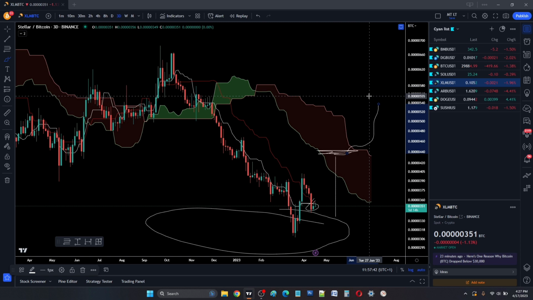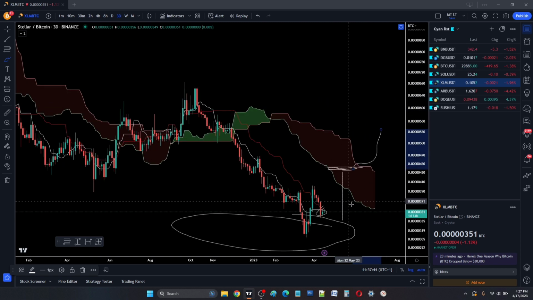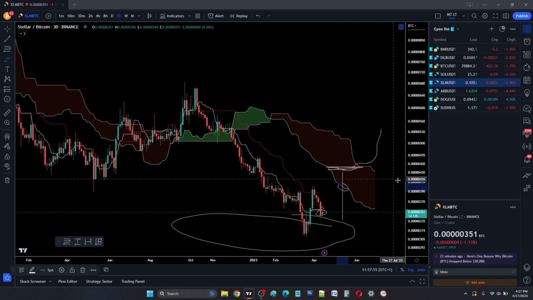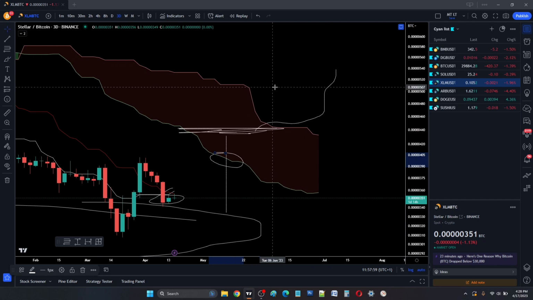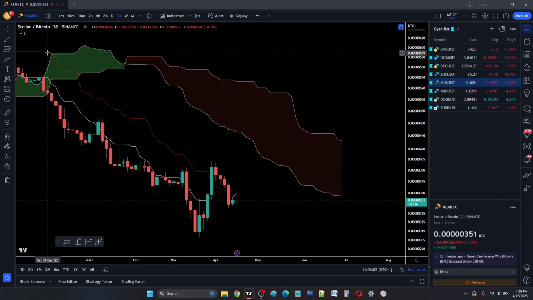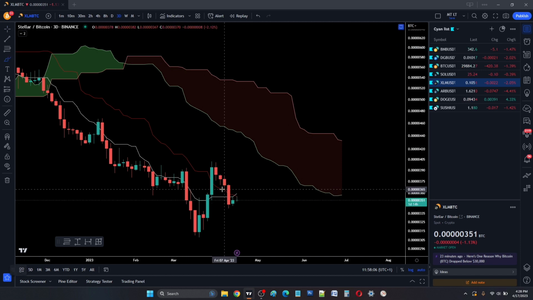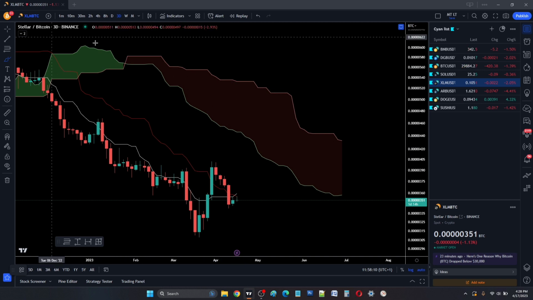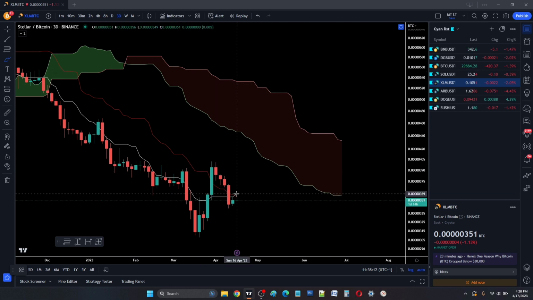This is the 3D time frame, so every single bar represents three days' worth of price action. Similar scenario, maybe some resistance at 400 on the 3D chart. One really nice thing to see is that after a long time, I can see the moving averages of the Ichimoku, this white and red line, curling up.